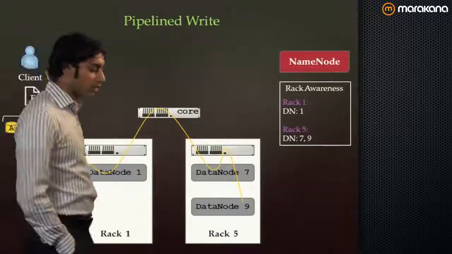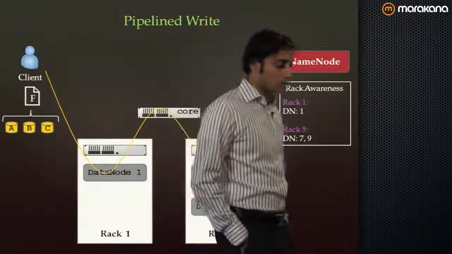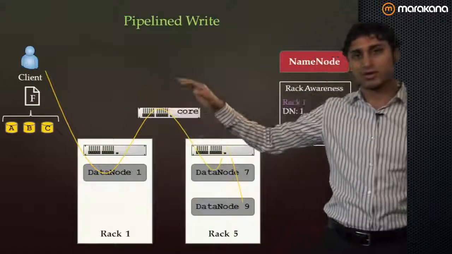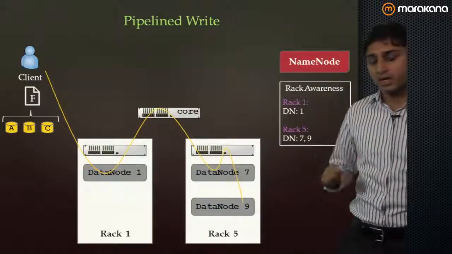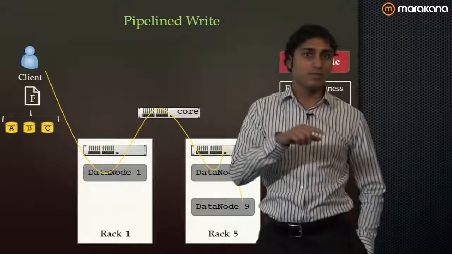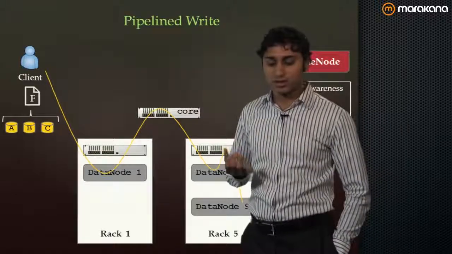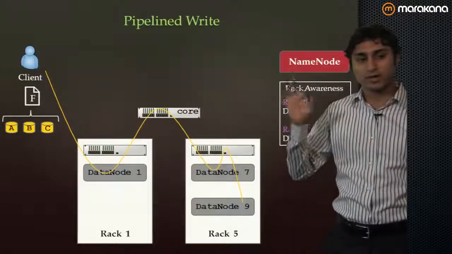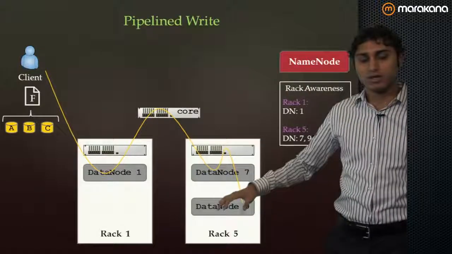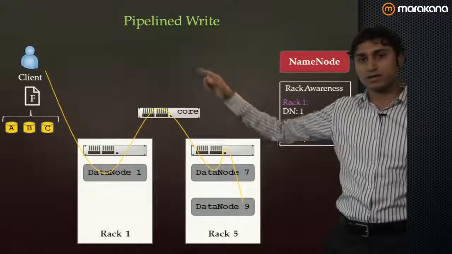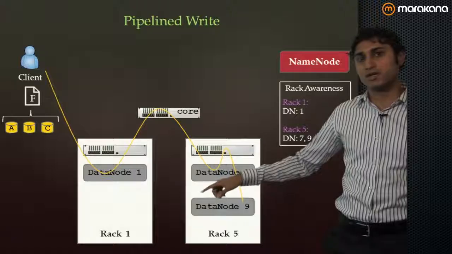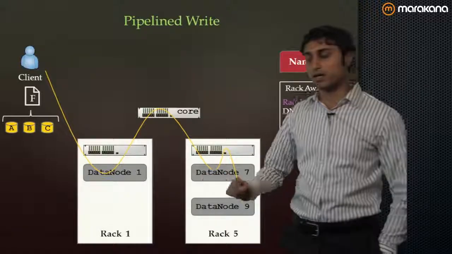So this is where the pipelined write actually begins. You'll notice that when the client starts streaming the block down to the data nodes, it is not having to go through the name node anymore. The name node is really only used to figure out where in the cluster you will write that block. But then after that, the client contacts one of the data nodes directly to start streaming the block in.